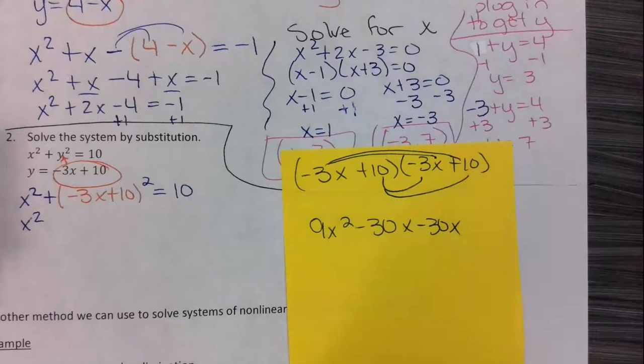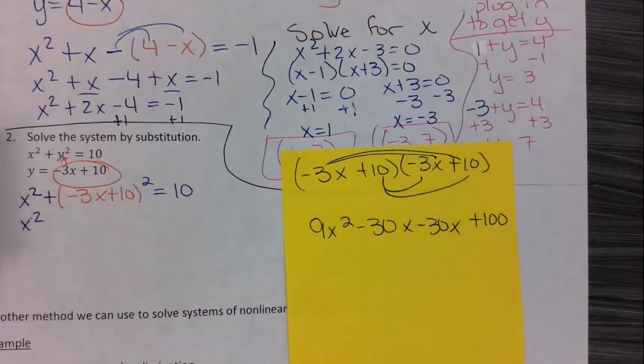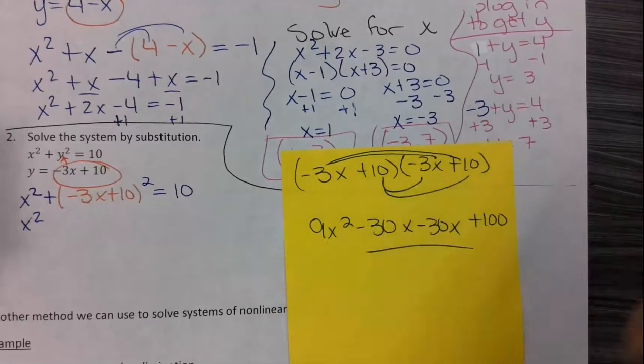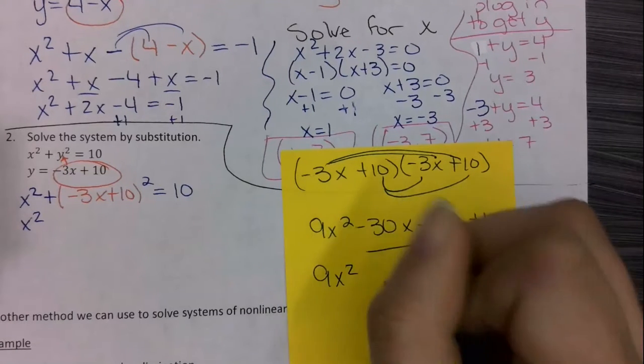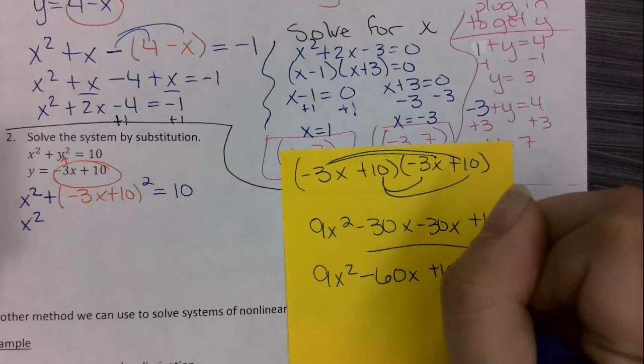And then I have 10 times 10, 100. And then I want to do what? Yeah, combine like terms. So then I have 9x squared minus 60x plus 100.